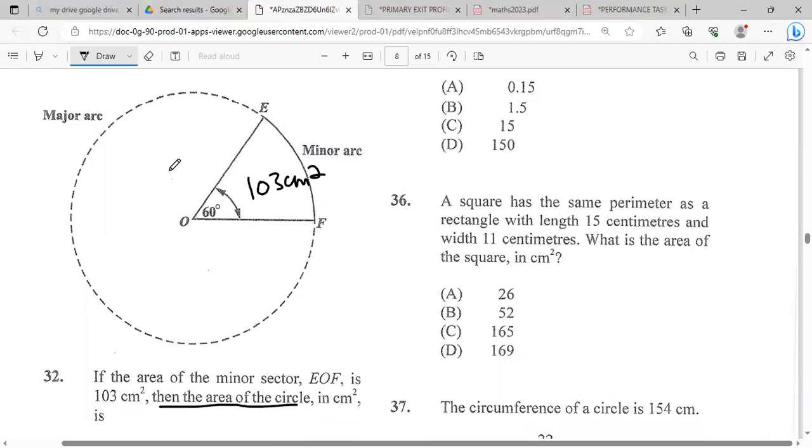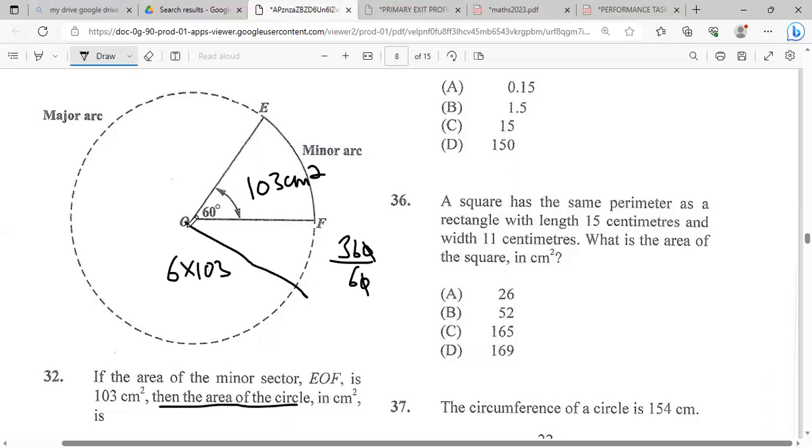So the entire circle is 360 degrees. If this is only 60, how many of these can we get out of it? We simply divide 360 by 60, which gives us 6. So the answer is going to be 6 times 103, because for every 60 degrees you get an area of 103.